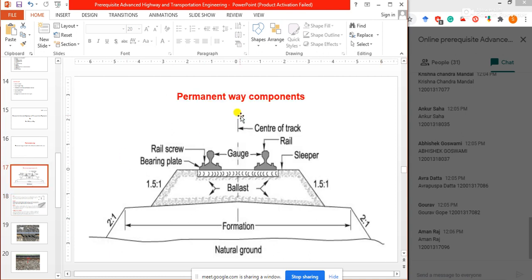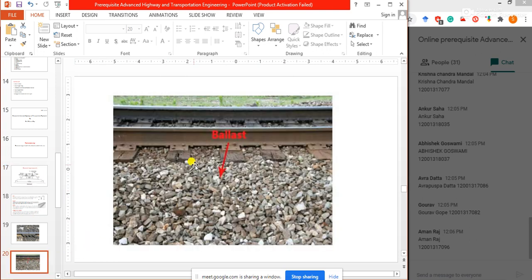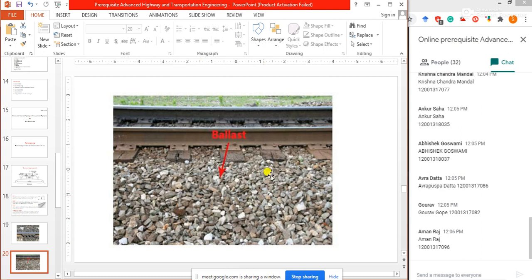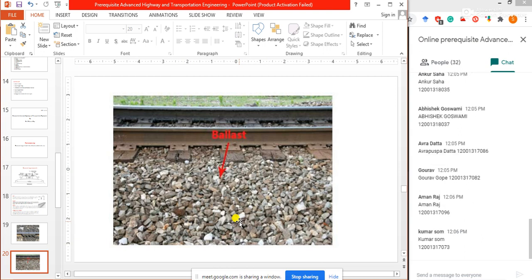In reality, if we see at the track side, these broken stones, maybe muram, maybe igneous rock, crushing stone, are the important materials for ballast, which transfers the loads to the ground and helps drainage.